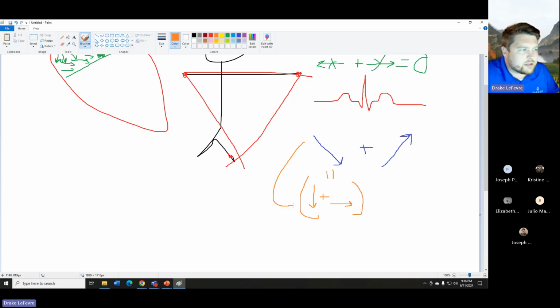And then if we add it to this arrow that's going to the right and up, down cancels up, right plus right equals bigger right. So we can add those together, okay?